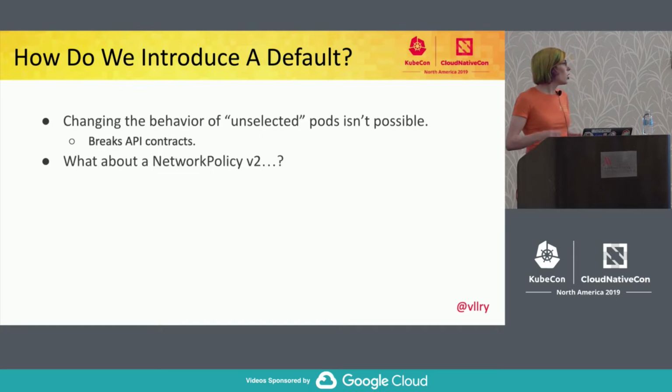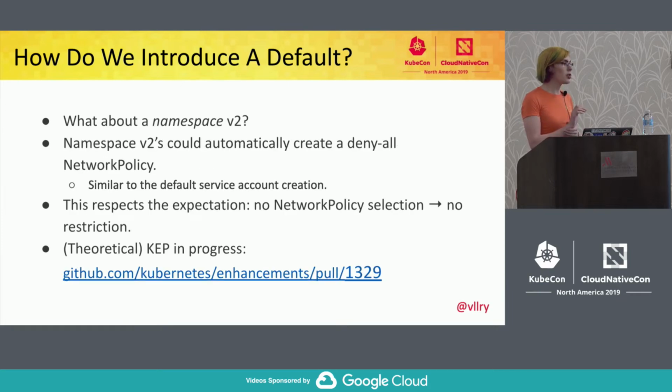So the obvious thing that comes to mind is we're changing the way network policy works. Maybe we just bump the network policy resource. But unfortunately, it doesn't quite work like that, because we're not changing the way a network policy works. We're changing what happens in the absence of a network policy, if we want to make the network fail closed.